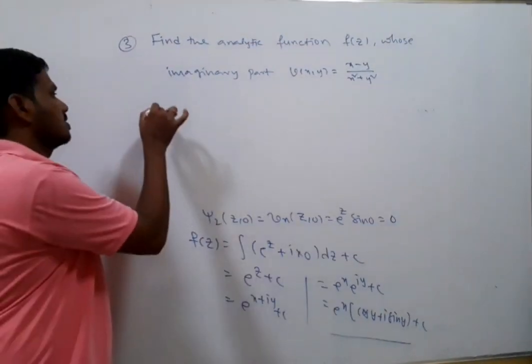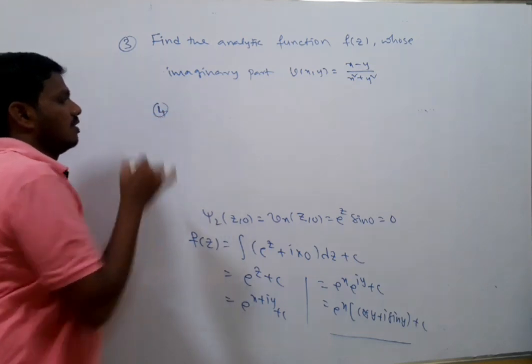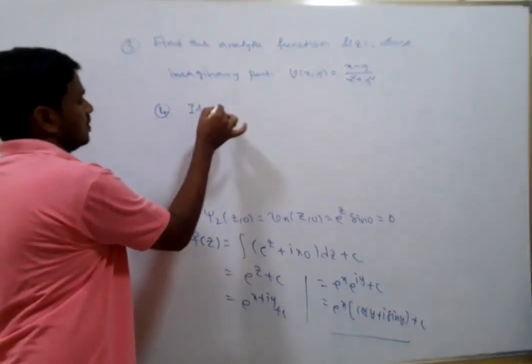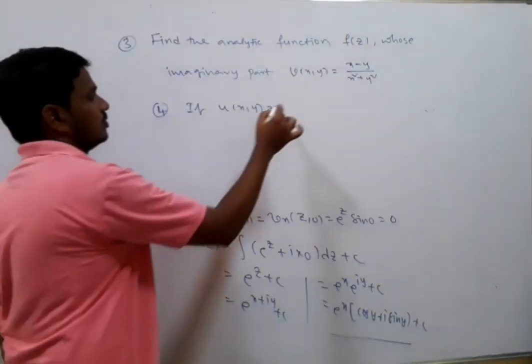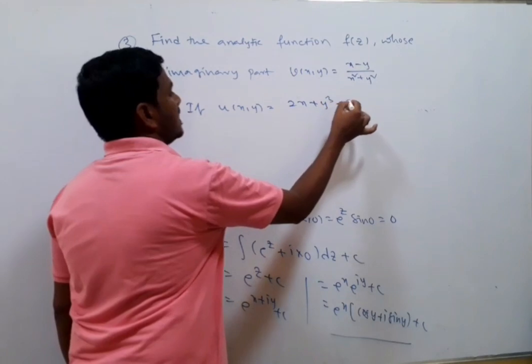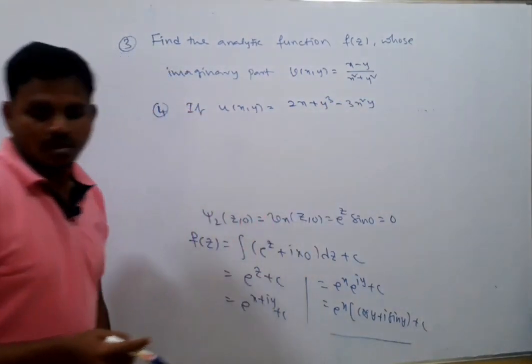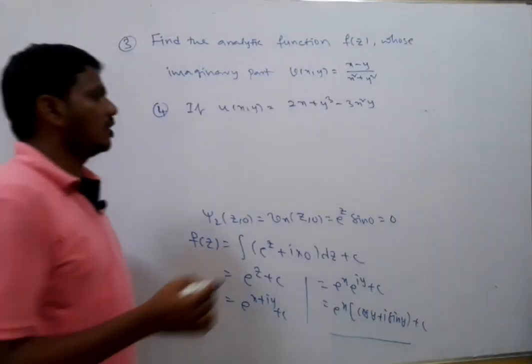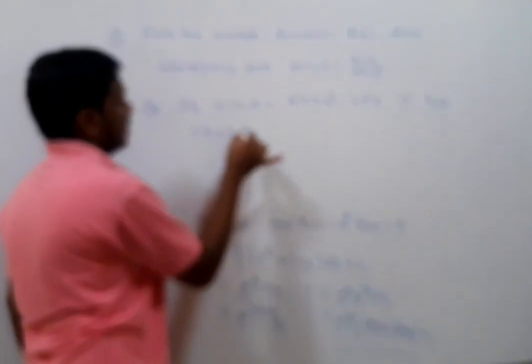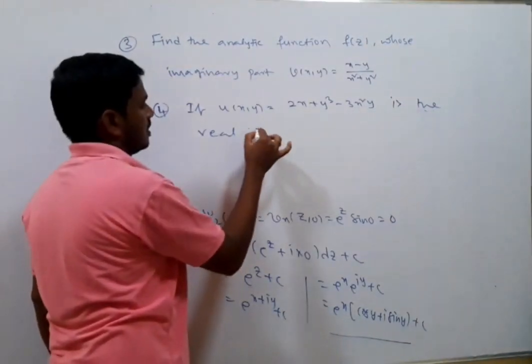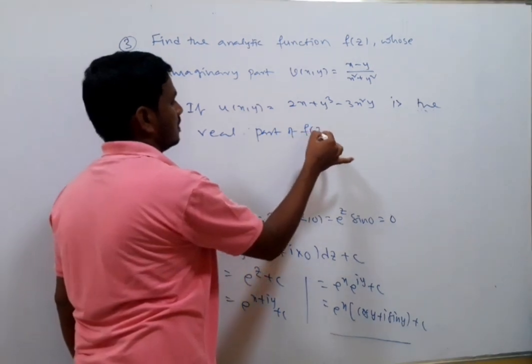And you take the first problem also. Here if you take the fourth one, what is the first one? U is given. If u of x comma y is equal to, let's apply the Milne-Thomson method for the first problem, the last class first problem, 2x plus y cube minus 3x square y. This is the real part of f of z.